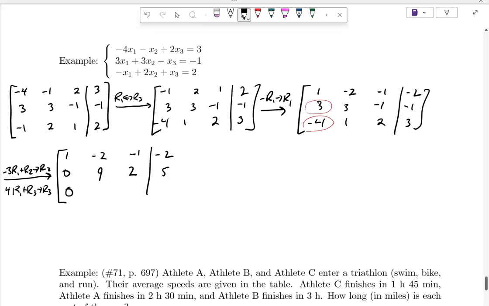Oh, yep, this should be a negative 1 down here. When I flipped, I forgot my negative. Sorry about that. 4 times negative 2 is negative 8. It's easy to make a little error like that. Minus 1 gives you a negative 9. 4 times negative 1 is negative 4, plus 2 gives you negative 2. 4 times negative 2 gives you a negative 8, plus 3 gives you a negative 5.